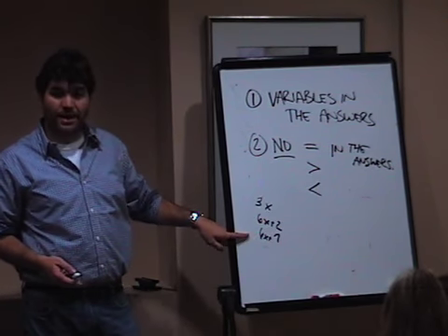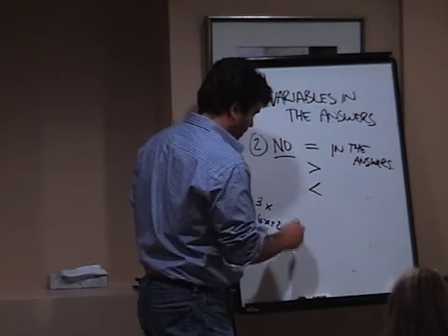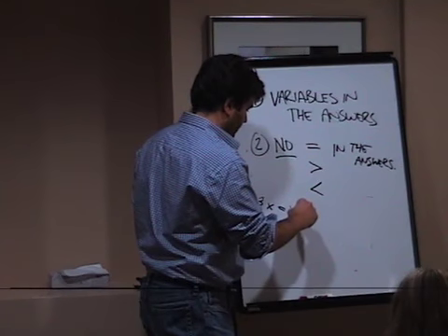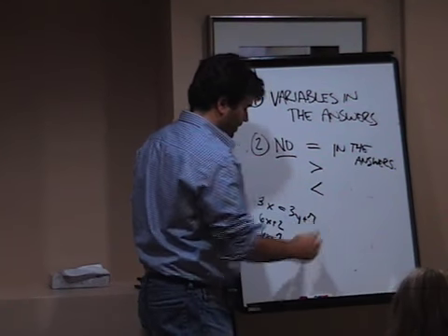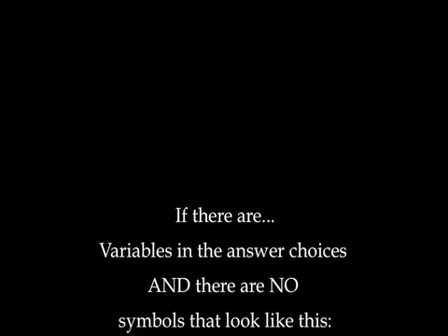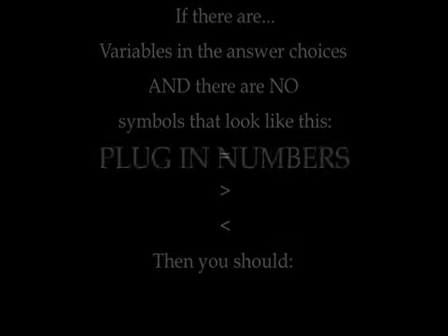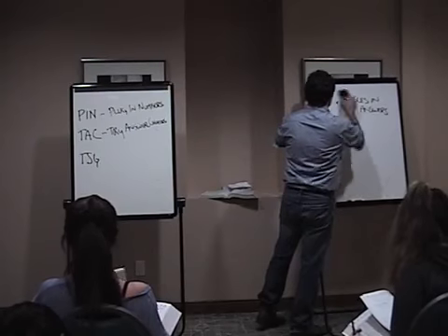No. Therefore, can you do plug-in numbers? Yes. Good. If you have 3x equals 3y plus 7, that has an equal sign in it, and you're not going to be able to do the method. That's your red flag for PIN.